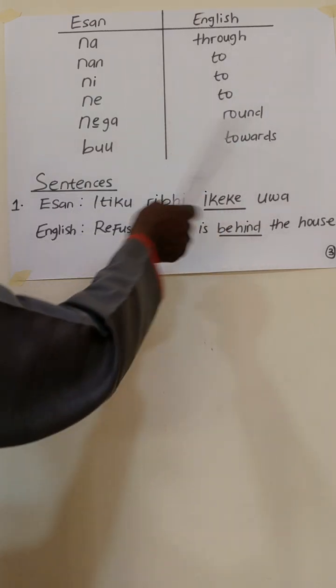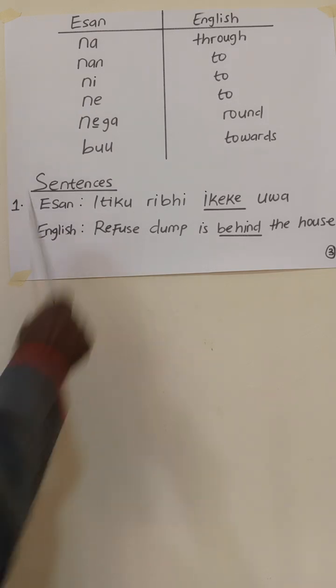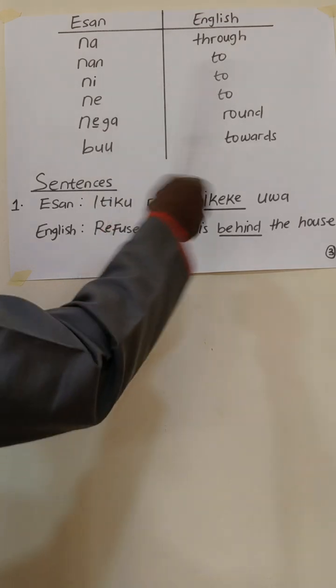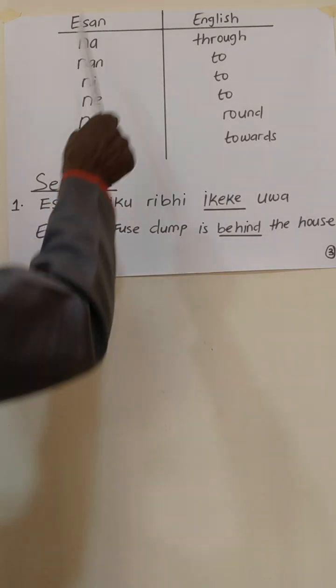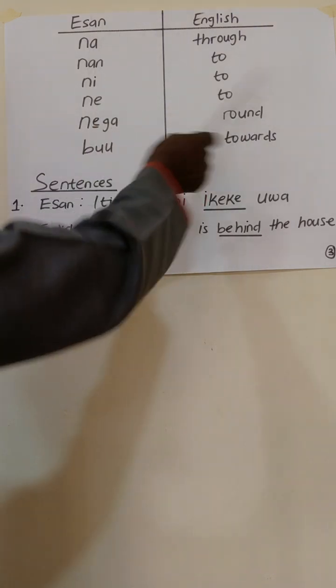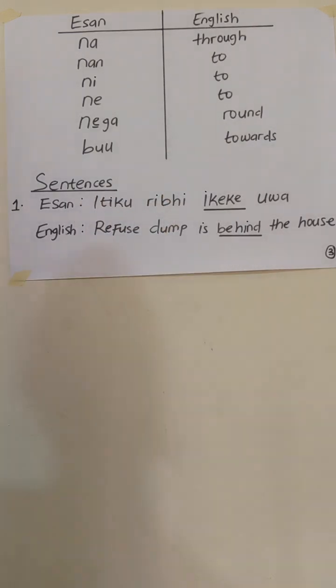Na is also to. Ne. Nele, that means to them. Ni man, to us. Na le, that is to him. Na is to. Ni can be used as to. Ne can be used as to.